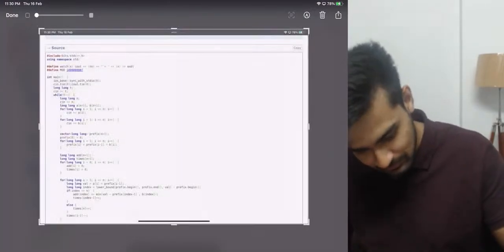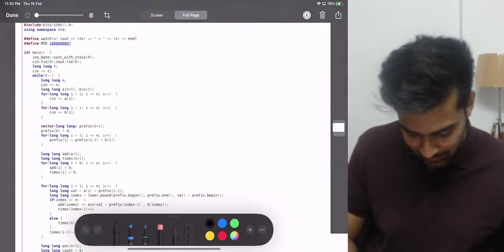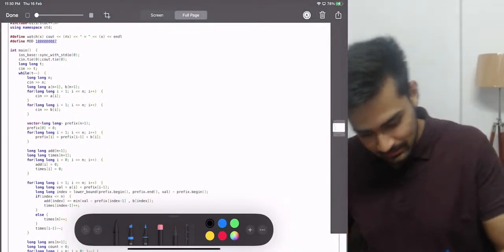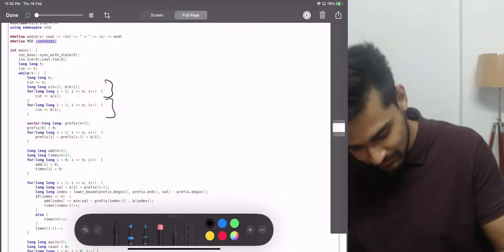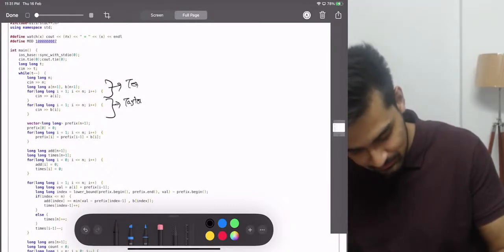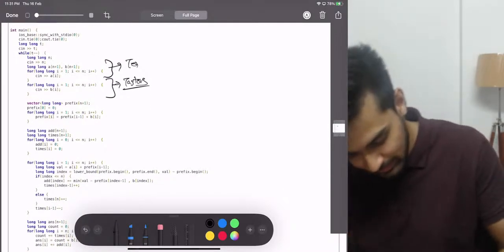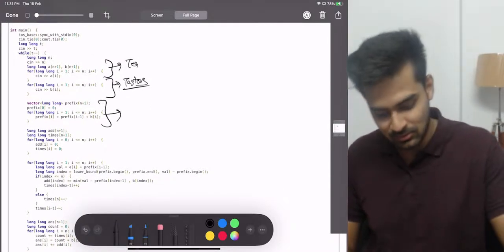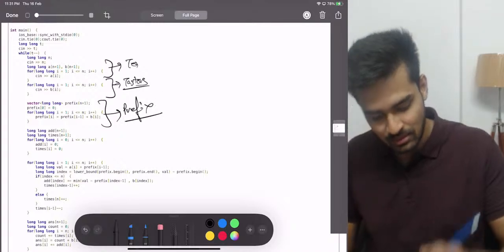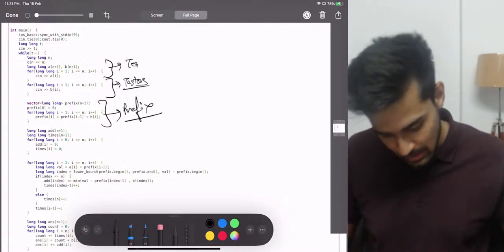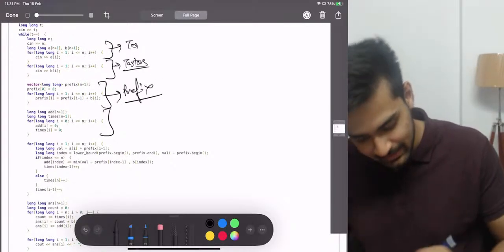Okay. Let me quickly help you understand the code. This is my array A_i. This is my array B_i. This is T, the tasters. Then I'm finding the prefix of all the tasters. So this is my prefix array. After that, I'm just making two arrays, add and times.